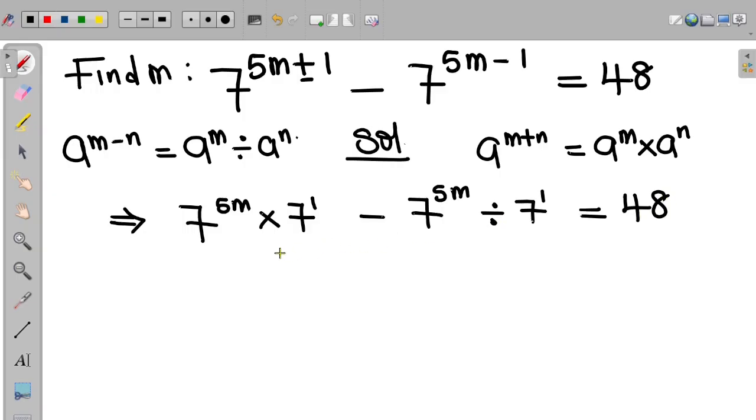So the next thing we do here is to factor out 7 to the power of 5m, since it is common at the left hand side. So we have 7 to the power of 5m factored out. At this point, I'll be left with 7, because 7 to the power of 1 is still 7.